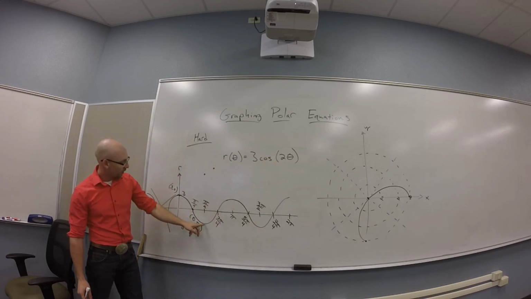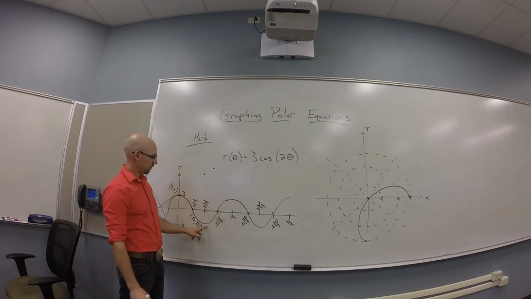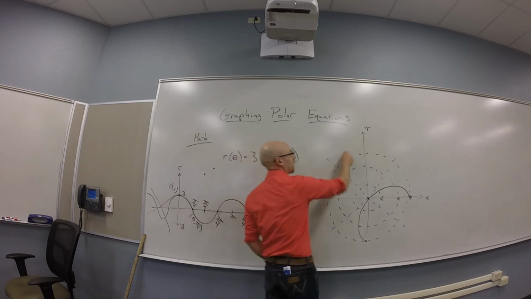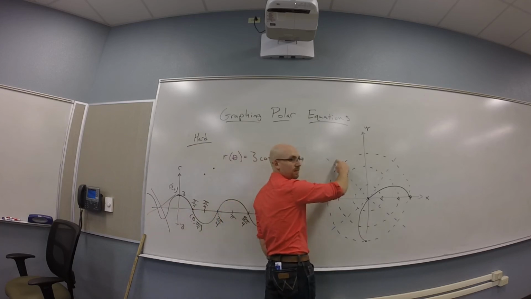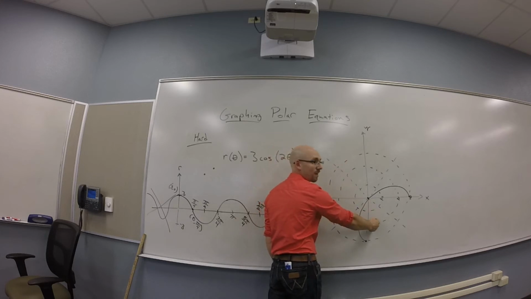So where's our next one? Our next one goes from the dot at the bottom there, still negative radii, right? The angles are up here. You guys see that? So my petal is going to be right here.